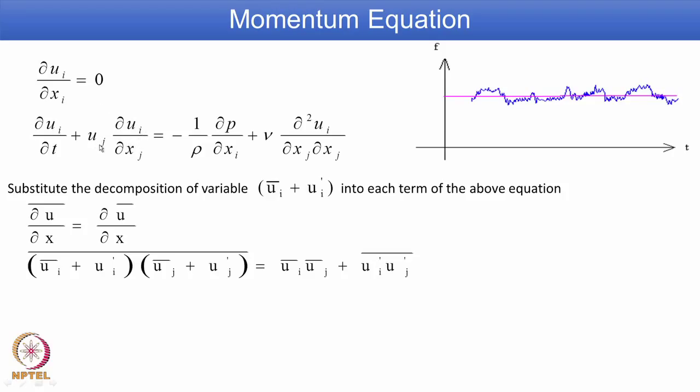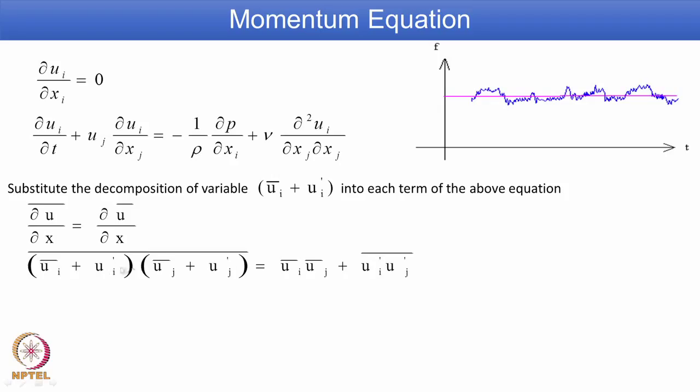It has uj ∂/∂xj of ui. Now, what do we do? We apply decomposition to this. So, if you do a time average, you get ūi plus ui prime and then ūj plus uj prime, and you take a time average on that quantity.